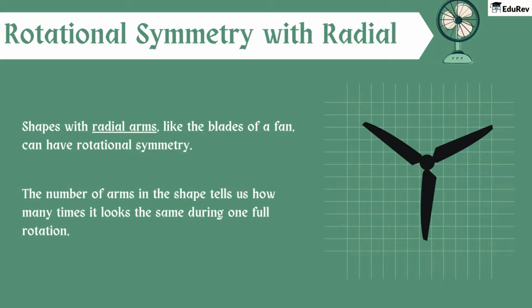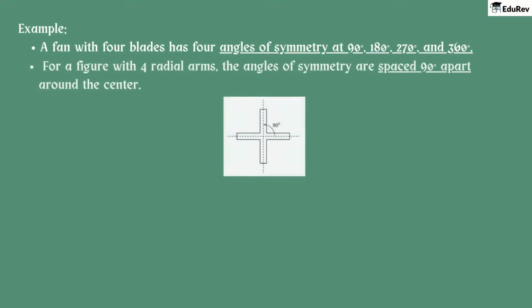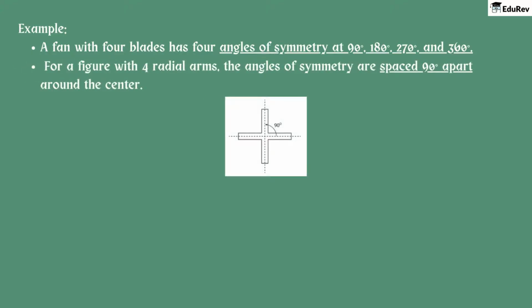The number of arms in the shape tells us how many times it looks the same during one full rotation. Example: a fan with four blades has four angles of symmetry at 90 degrees, 180 degrees, 270 degrees, and 360 degrees. For a figure with four radial arms, the angles of symmetry are spaced 90 degrees apart around the center.